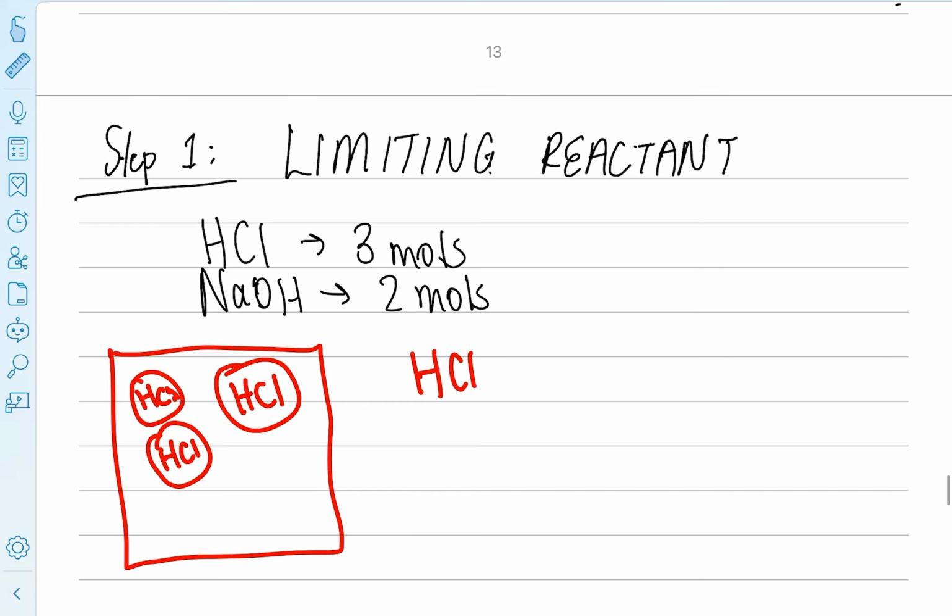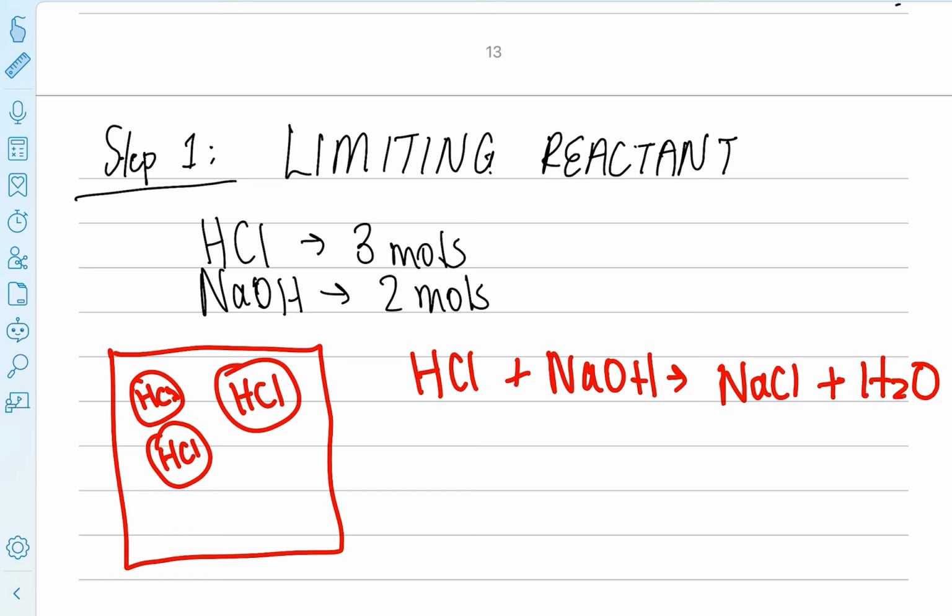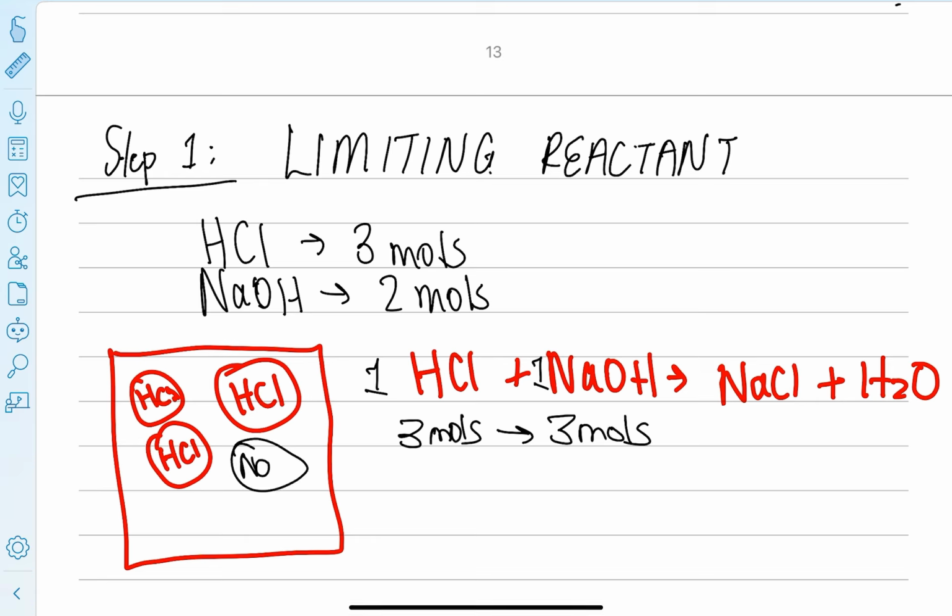And your reaction between HCl and sodium hydroxide tells you that they react in a ratio of 1:1. So what that actually means is that if you've got 3 moles of HCl and the ratio is 1:1, you would need 3 moles of sodium hydroxide to do a complete neutralization reaction with HCl.